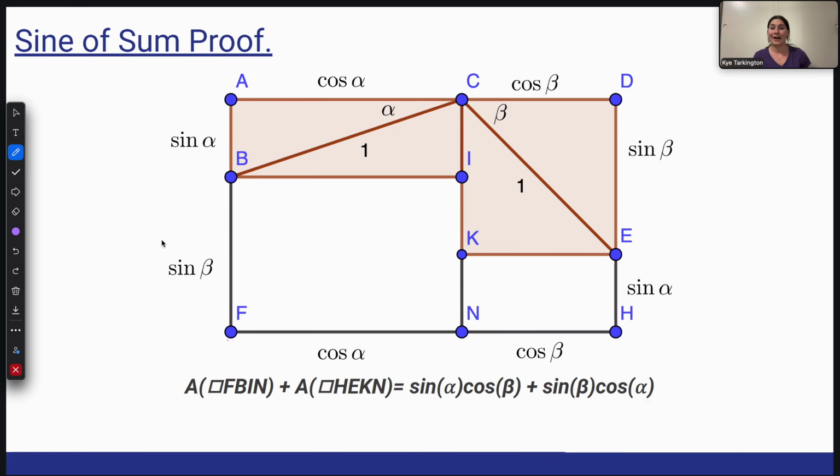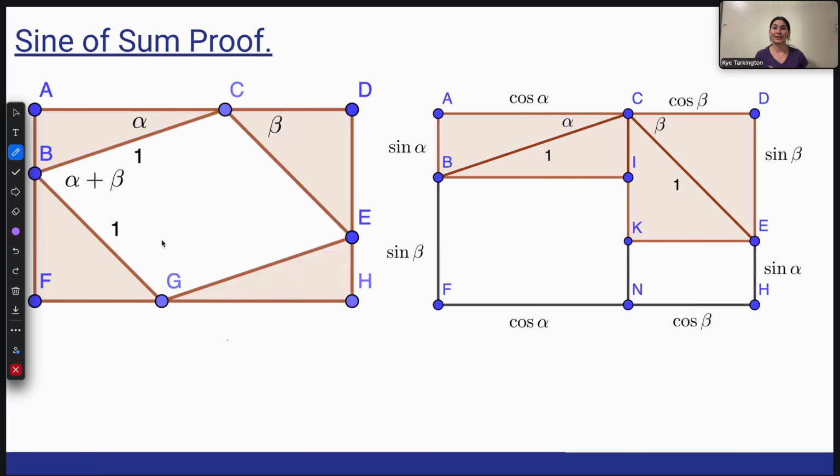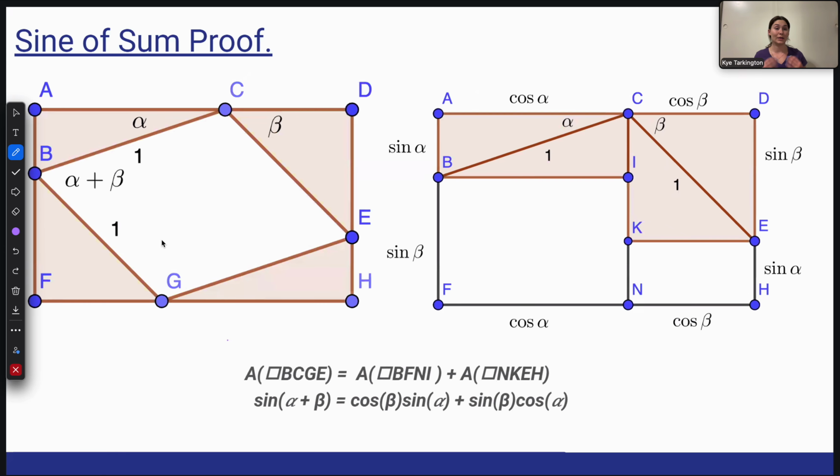All right, and now we can set them equal to each other because of the Wallace-Bolyai-Gerwien theorem, and we get our trig identity. And that is the end of our proof for the trig identity, the sum of sine.